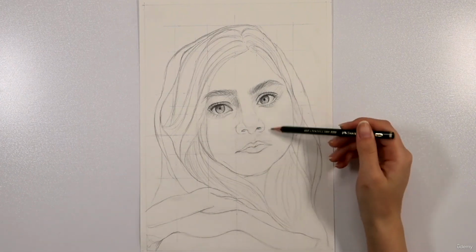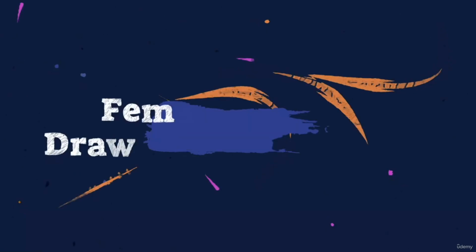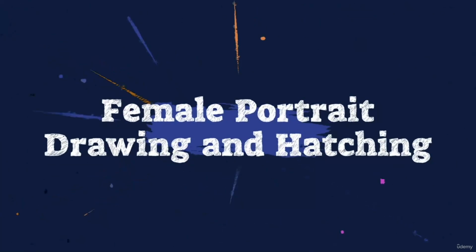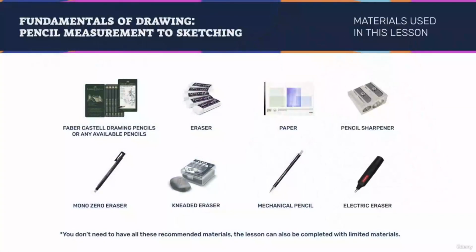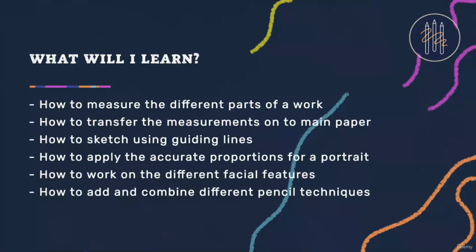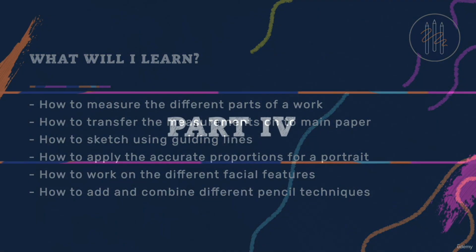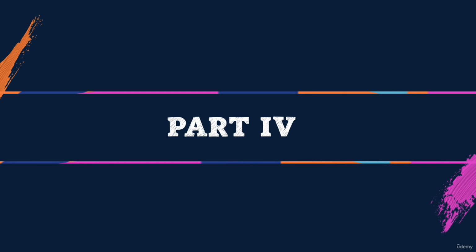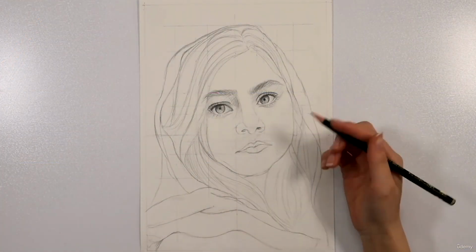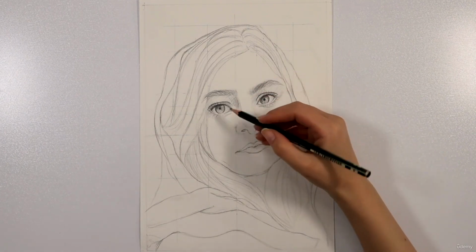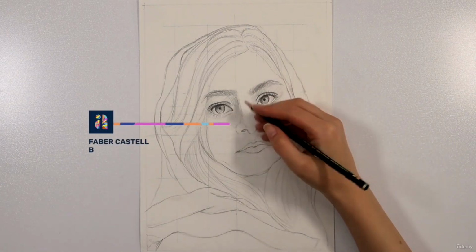Now we are going to work on the nose. We use a light pencil like the B pencil here, and we add hatchers in these parts.